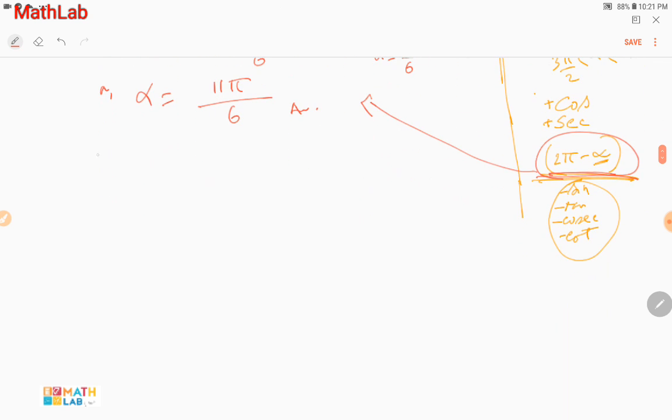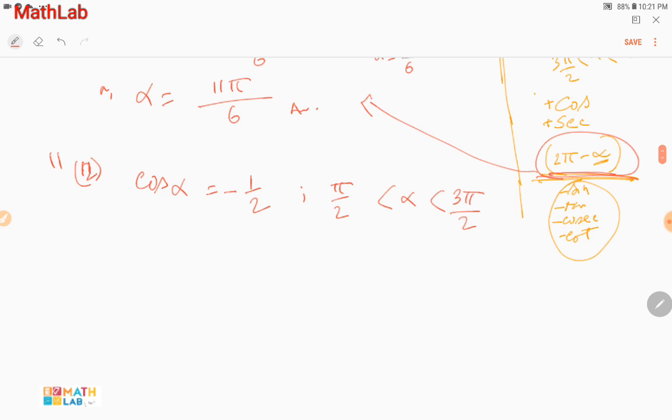Now question number 2. Our question is cos alpha equals to minus half, and our condition is pi by 2 less than alpha less than 3 pi by 2.